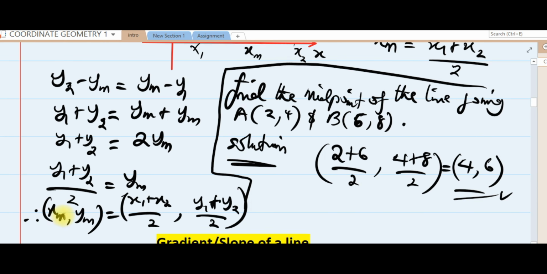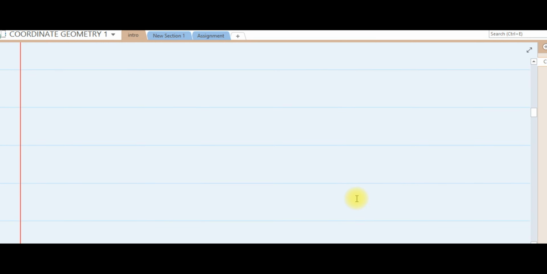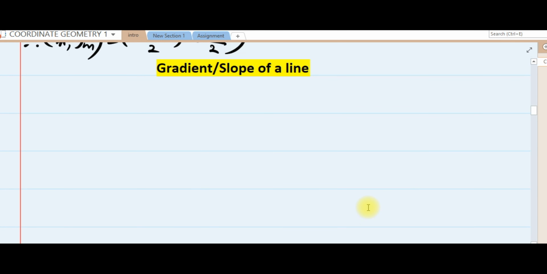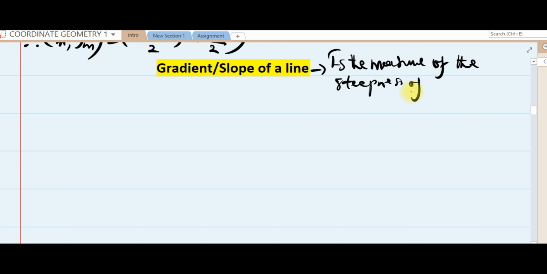The next one is the gradient or slope of a line. The gradient of a line is just the measure of the steepness of the line.